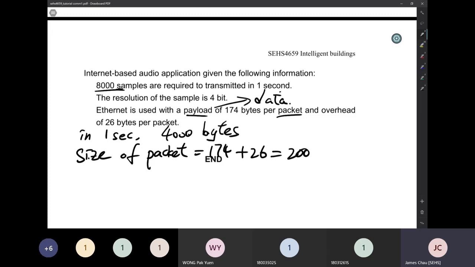Now the number of packets you have is 4,000 over 200, or actually you should use 4,000 over 174. Okay.